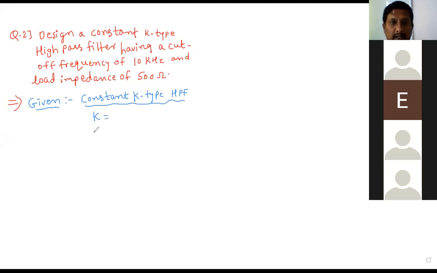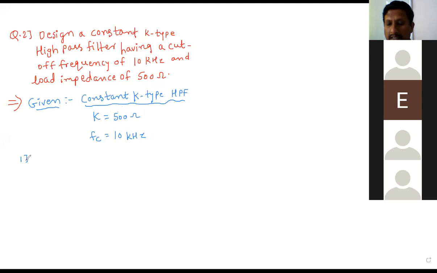K value is given and FC value is given. So K value is what? 500 ohm. And FC value is 10 kilohertz.